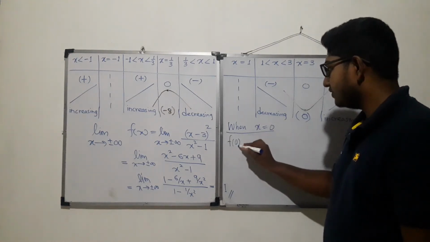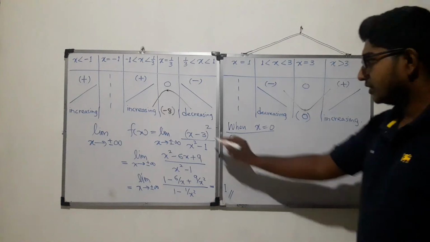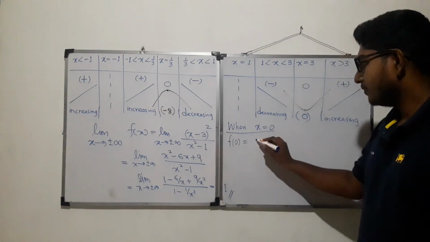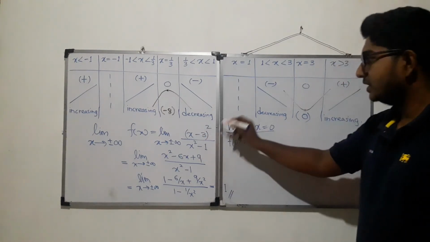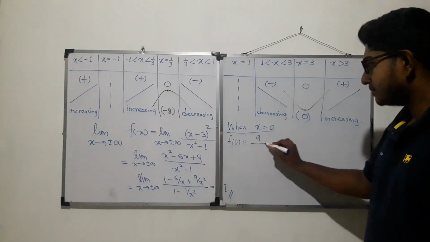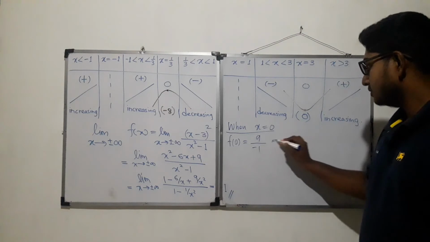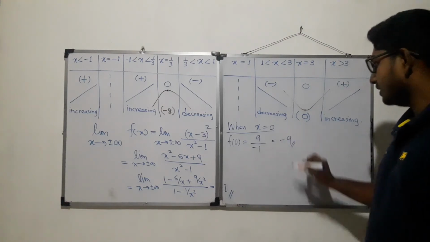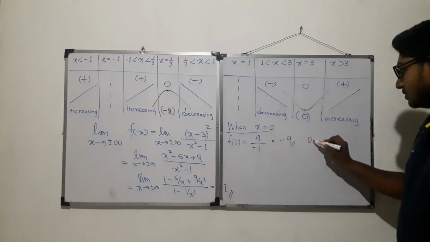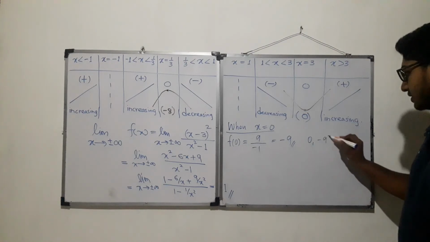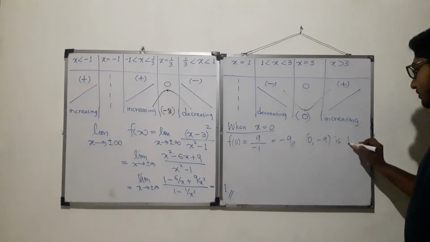That is f of 0. This is our function. That is (0 minus 3) squared, that is 9, over 0 squared minus 1. So we get minus 9. That means (0, minus 9) is the y-intercept.